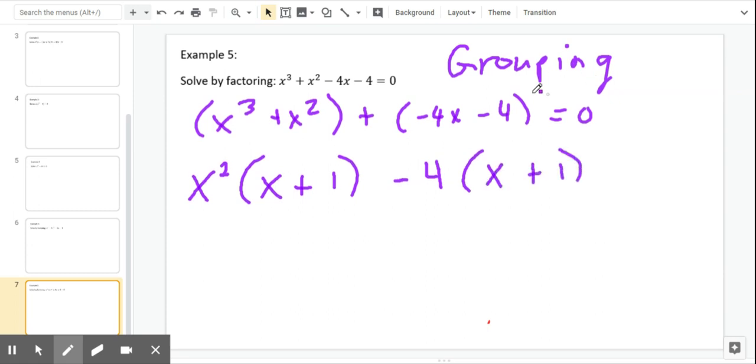Now be careful, because if we factor out a -4, this is going to become positive. So think about it, again, reverse distributing. You can always check to see if you did it right by distributing afterwards. -4 times x is -4x. -4 times 1 is -4. So that works out. So now, one more step. This is what we end up with.